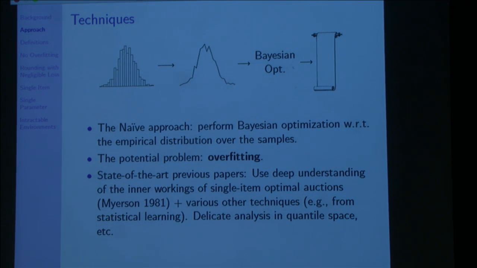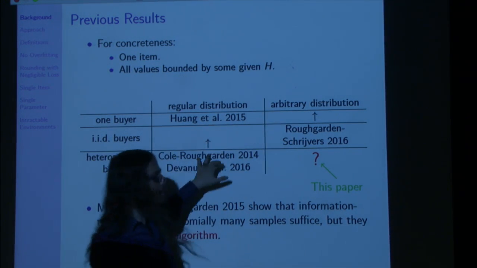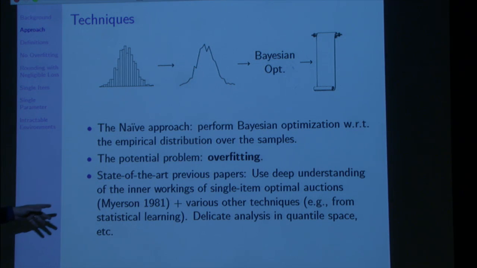Excuse me? State of the art for what? State of the art for the special cases, these papers. I'm talking about all the papers that solve special cases of this problem. Oh, they use the Myerson paper. They use the Myerson paper, and they tweak the optimization algorithm of Myerson and tweak the way you reconstruct this from the samples, etc., in order to make things work.